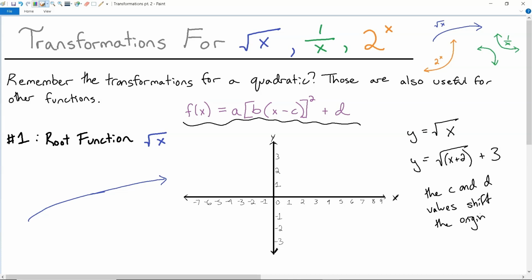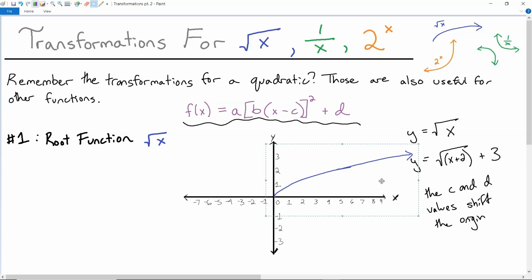That works mathematically because if we think about it, we can't take the square root of a negative number, which is why if I look at the parent function, we don't have any negative x or y values.